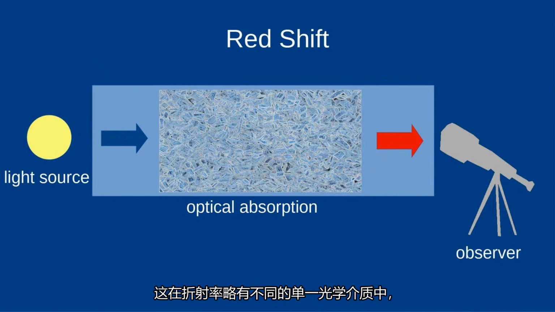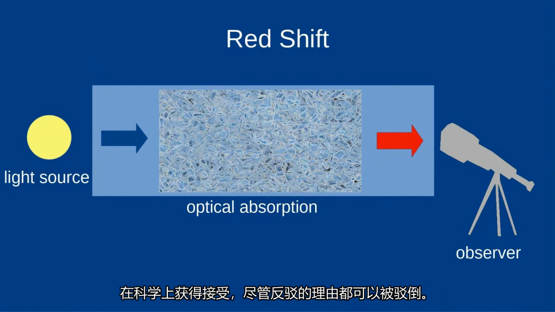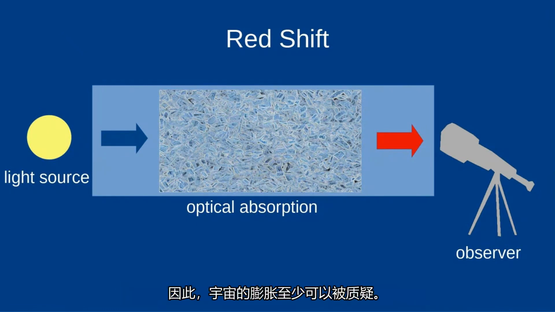This is a well-known process in optical media whose index of refraction is slightly different from one. Such an idea is not new, it has been known for years under the name, the theory of tired light, but it has not yet been able to gain acceptance in science, although the counterarguments can all be refuted. Thus, the expansion of the universe can at least be called into question.